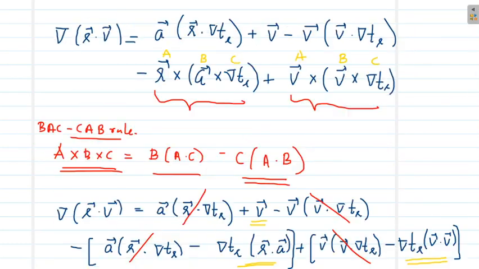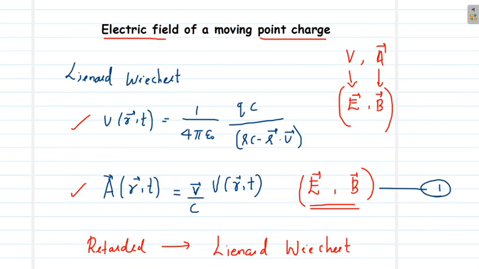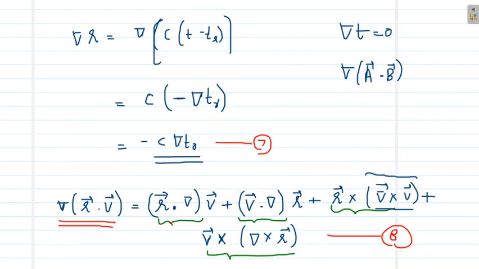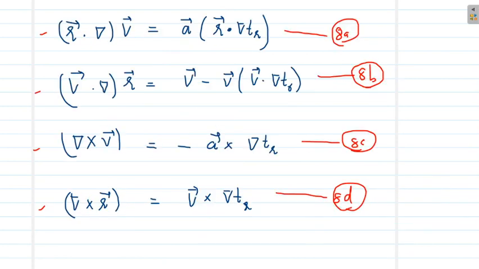In this session, we have derived the expression for the electric field of a moving point charge from the expressions of the Liénard-Wiechert potentials. Then we went through deriving del V and dou A bar by dou t. There we took some equations as given or granted.